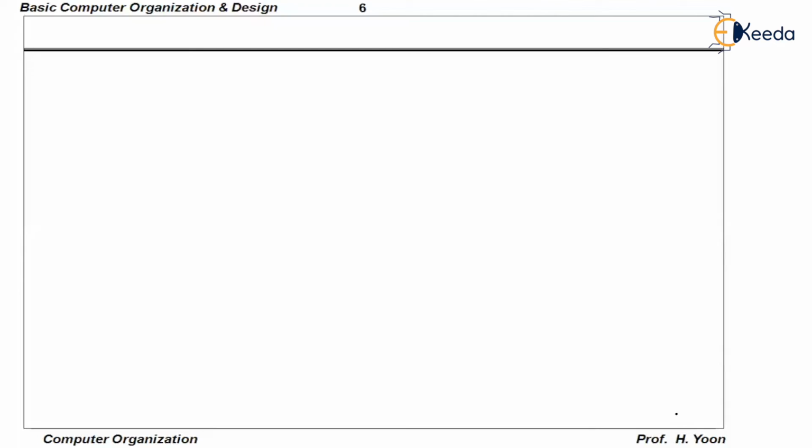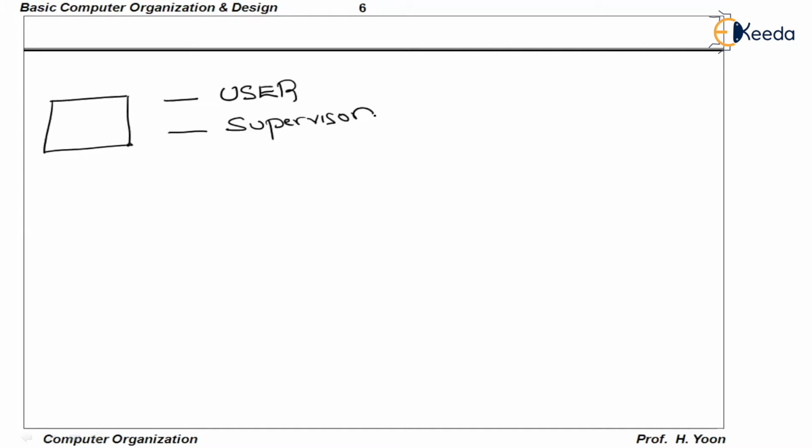The CPU can be primarily in one of the two modes. The CPU can execute the programs in two different modes. One is user mode, and one more is supervisor mode.